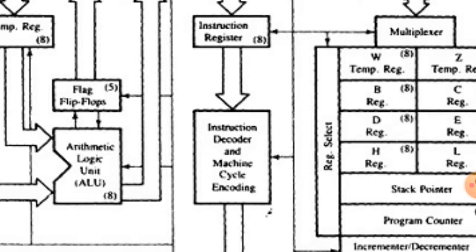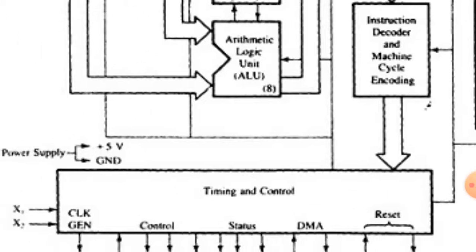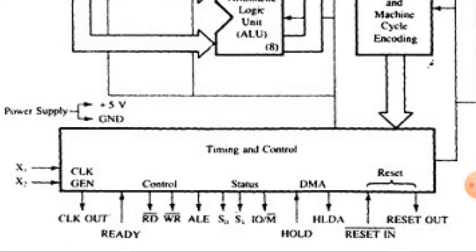Now next is the timing and control unit. Students, this is the part of the microprocessor which deals with timing and control. What is the function of the timing and control unit? It provides timing and control signals to the microprocessor to perform the operations. There are some external and internal units you can see in the diagram.